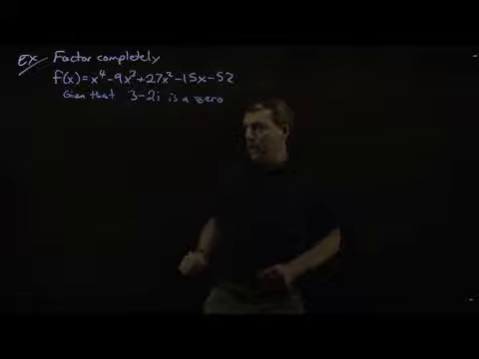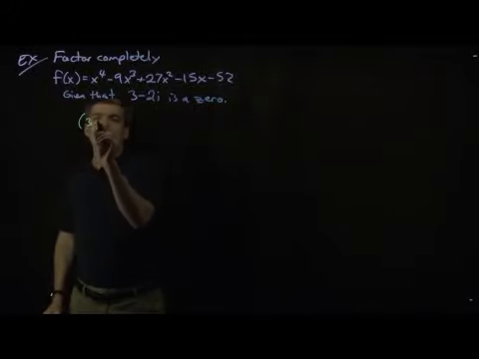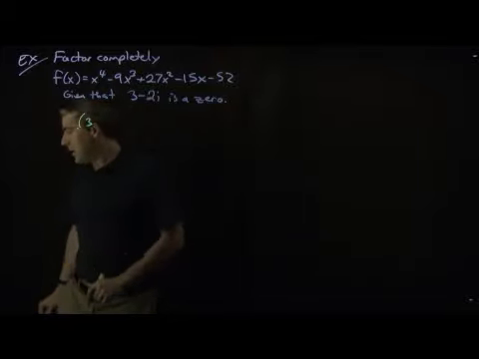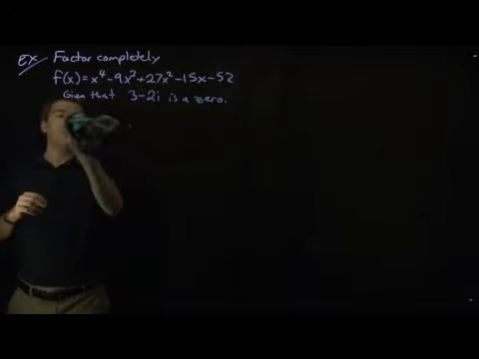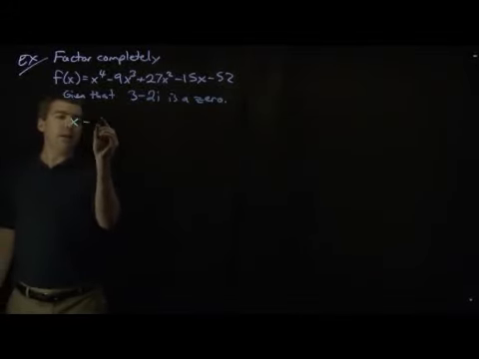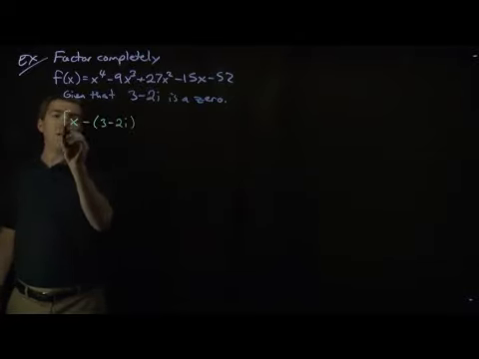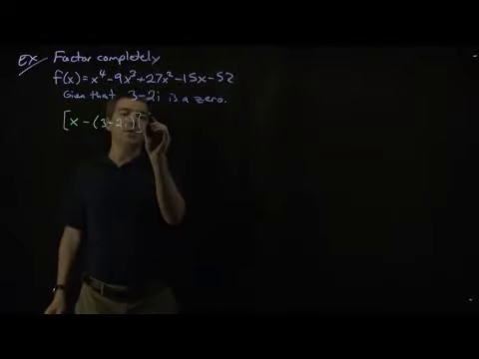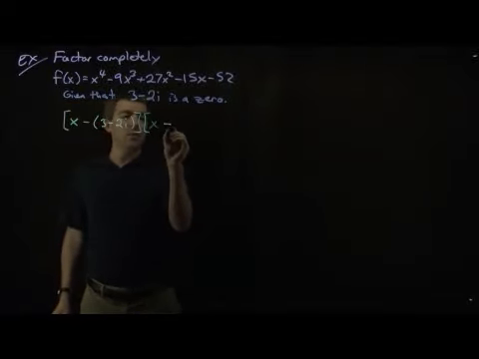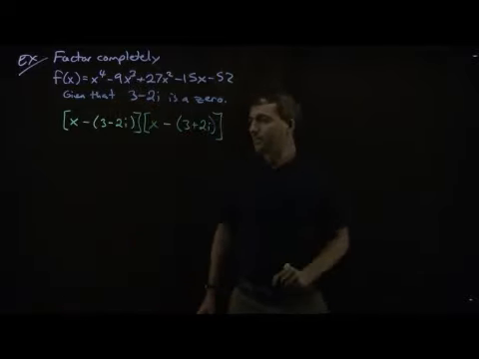So we know immediately that 3 plus 2i is also a 0. So x minus 3 minus 2i will be a factor. Also, x minus 3 plus 2i, the conjugate, will also be a factor.